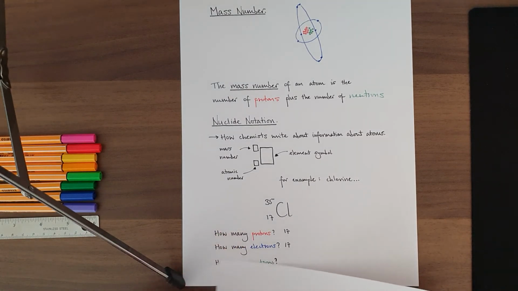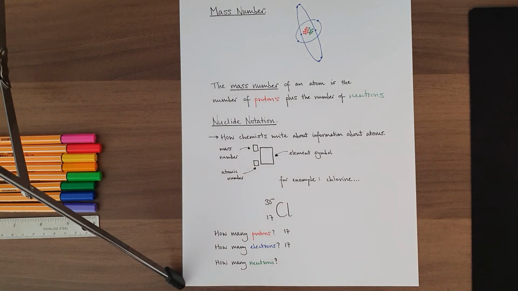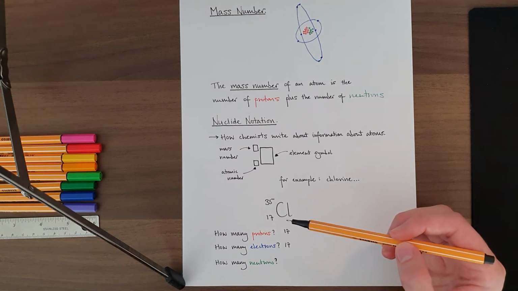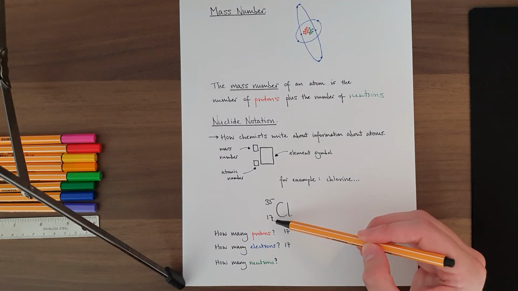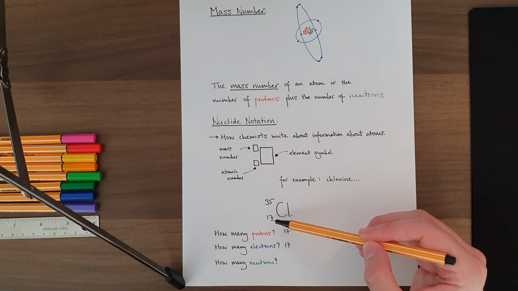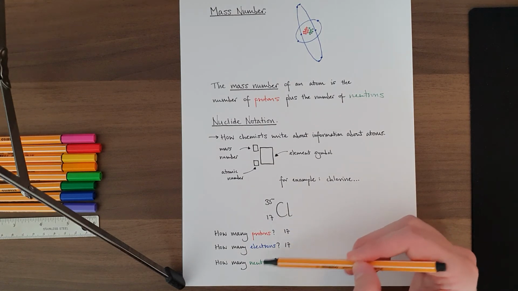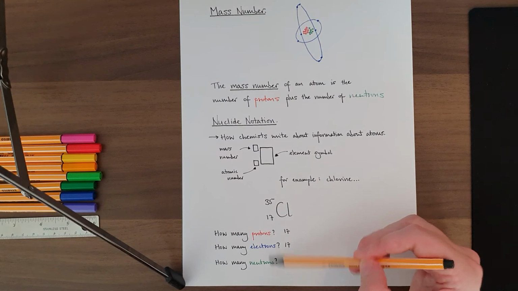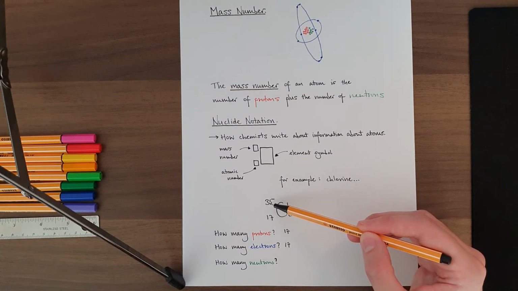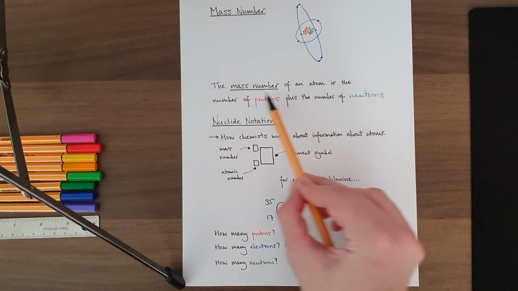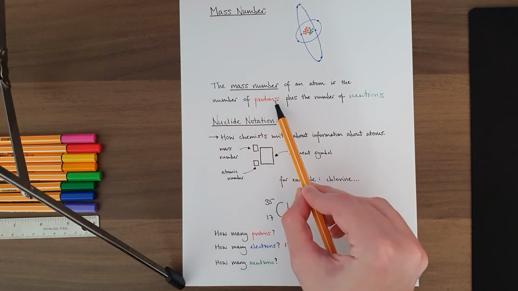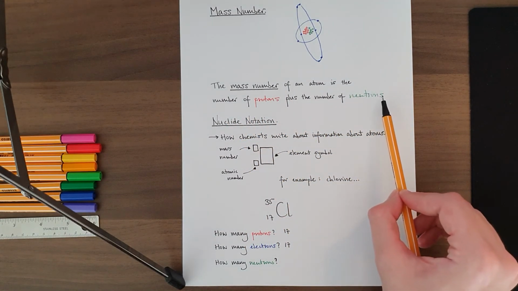But what about the number of neutrons? This is slightly different. You have to do a little quick sum to figure this out, a quick calculation. So I have the atomic number, which tells me the number of protons. That's not really helpful here on its own. I have the mass number, which tells me, well, let's remind ourselves, the mass is the number of protons plus the number of neutrons.